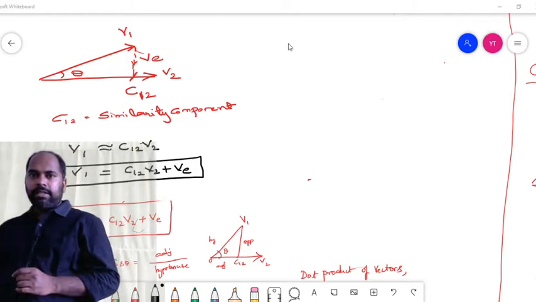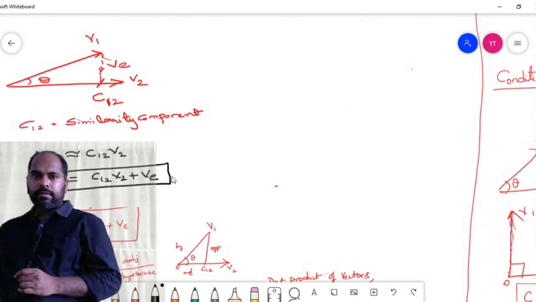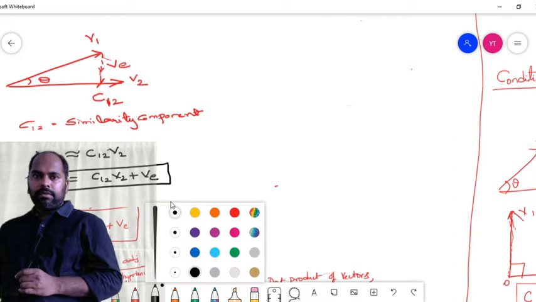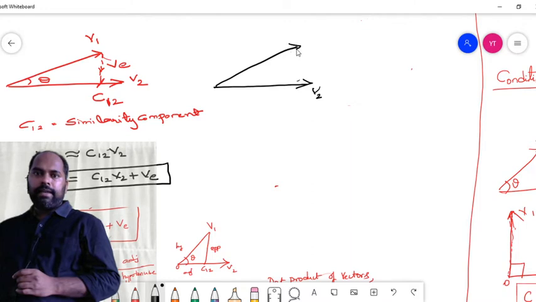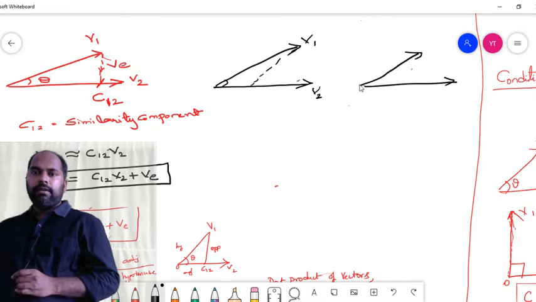Now let us see the next cases, with a different color. Let us take this one. Let us assume this is V2, making a certain angle with vector V1. This is V1. Here, instead of taking a perpendicular line, I am going to take one more angle, and also one more example.